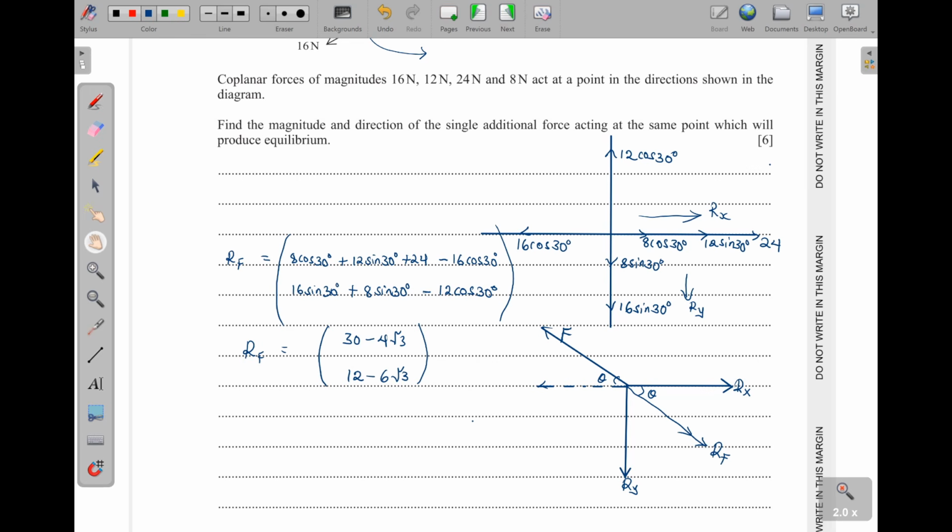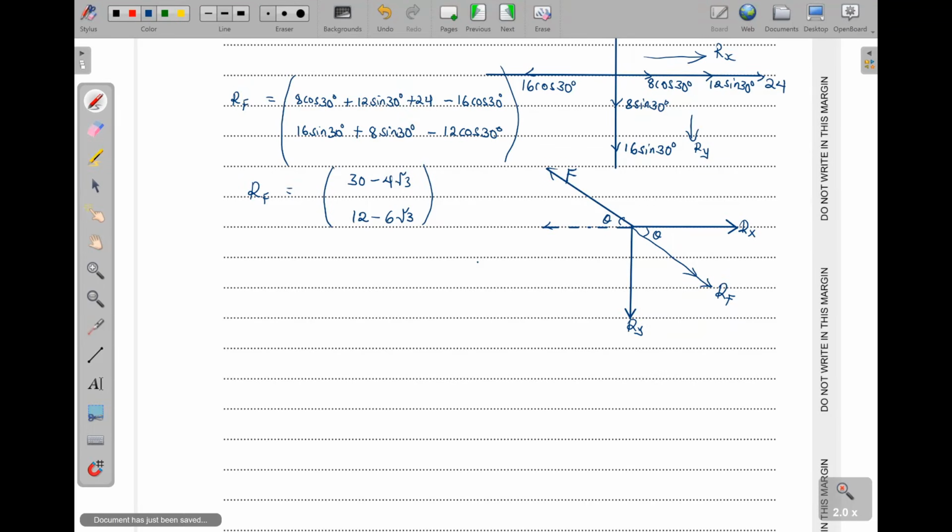Then from there, now to get the magnitude of the resultant of the forces. In fact, this one is like a vector like that, so let me just put it like that. So now the resultant here is going to be the square root of this Rx squared, then plus this Ry squared, because these ones form a right angled triangle.